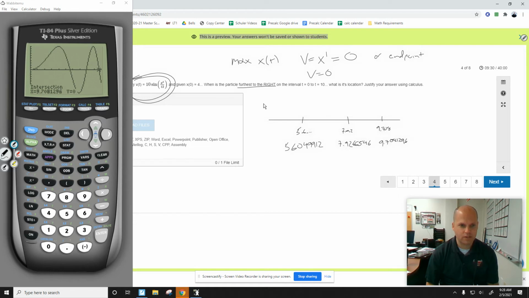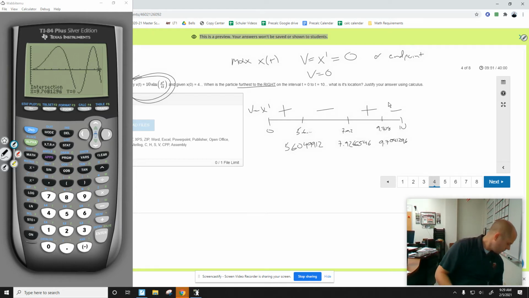Okay, now I notice my velocity values, my x prime values, are positive, then negative, then positive, then negative, between 0 and 10. This is telling me I'm moving right, then left, then right, then left. So the question is, where could we have a possible max?